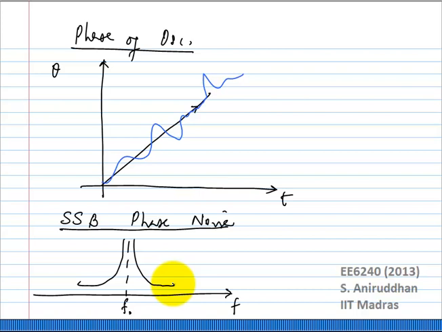So these noise sidebands or noise skirts are decreasing with frequency, and at a particular offset delta f from the oscillation frequency f0, at an offset delta f from f0, I am going to take a slice of 1 Hertz frequency.